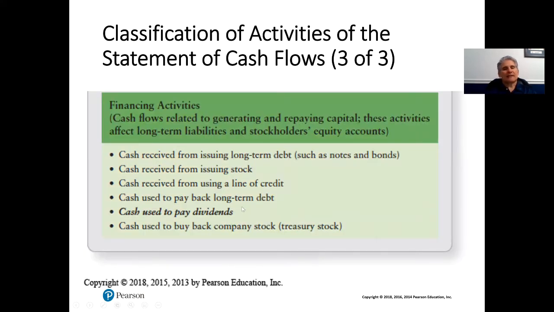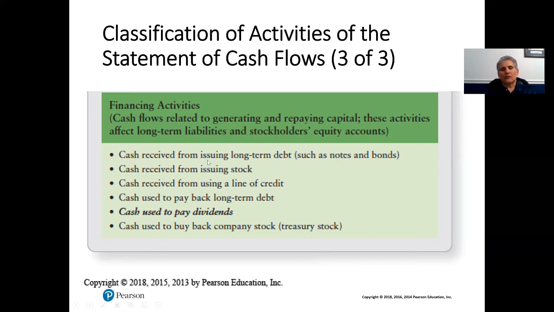And then financing activities are really cash flows both in and out associated with long-term debt and stockholders' equity accounts. So as an example, more specifically, cash received from issuing long-term debt, such as notes and bonds, cash received from the issuance of stock, cash received from using a line of credit. Those are all inflows.